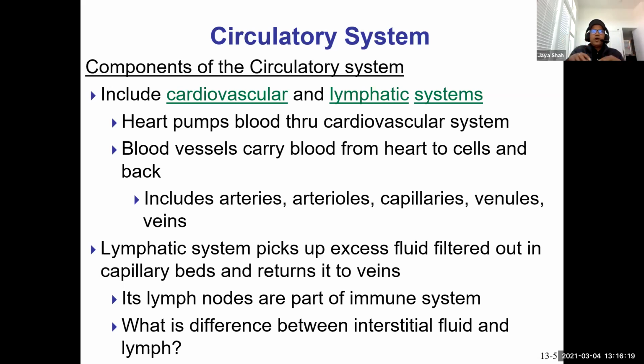And then it goes outside the blood vessel, inside and around the tissue. And that is called tissue fluid. Some of the tissue fluid, some of the nutrients, some of the electrolytes, some of the waste products return back to the capillaries and enter the vein. But most of them don't.